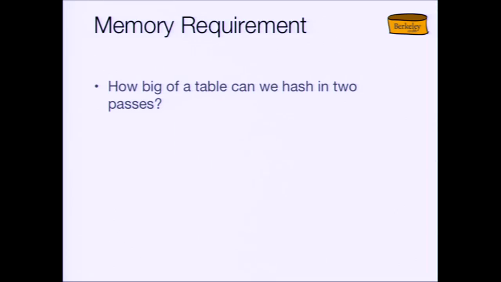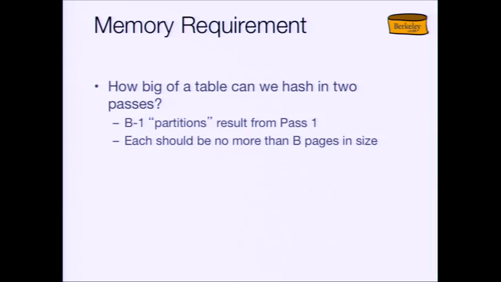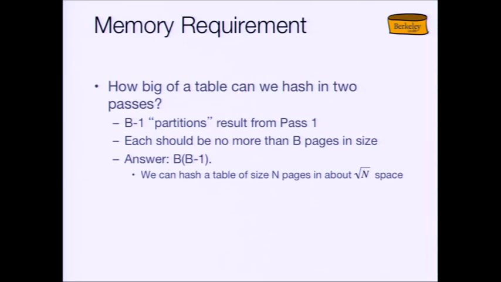We split it into B-1 pieces, so it's N over B-1 long per partition, right? And then we said in the second pass, we'd like them to fit in memory, so they can't be bigger than B. So we have B-1 partitions, each one of which should be no more than B big, so that in the second pass it fits in memory. So we can hash a table of about B times B-1 in 2 passes.